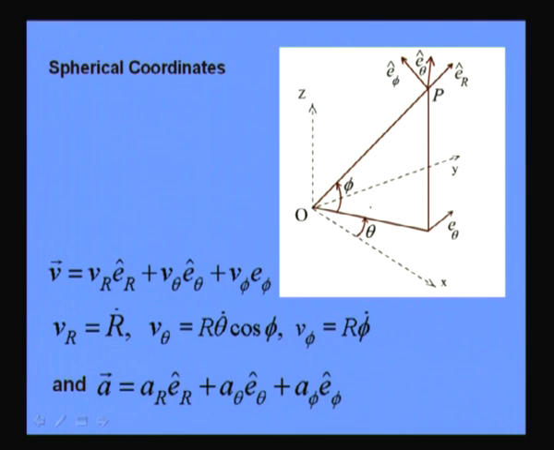In spherical coordinates, velocity is indicated by v_R e_R plus v_theta e_theta plus v_phi e_phi, where e_R, e_theta and e_phi are the unit vectors along R, theta and phi directions. v_R is equal to R dot, v_theta is equal to R theta dot cos phi, v_phi is equal to R phi dot.